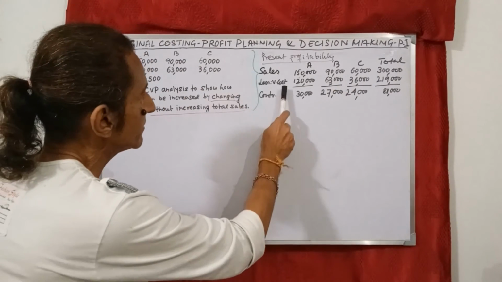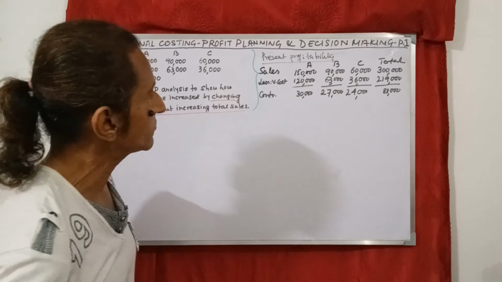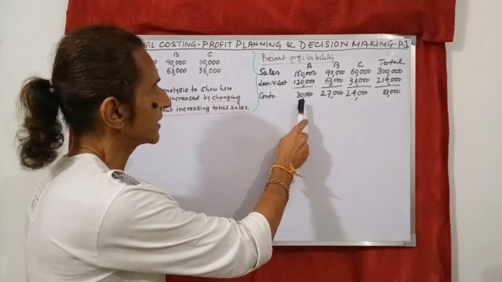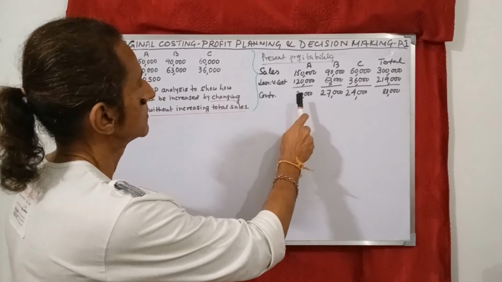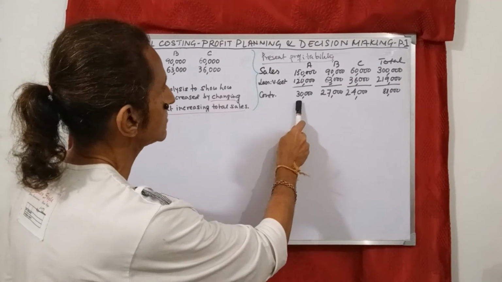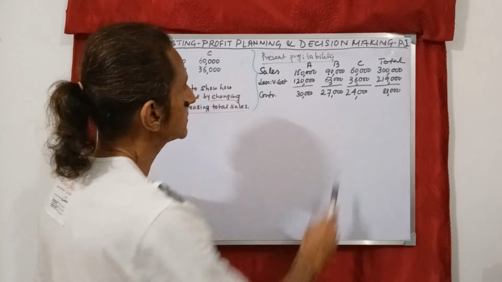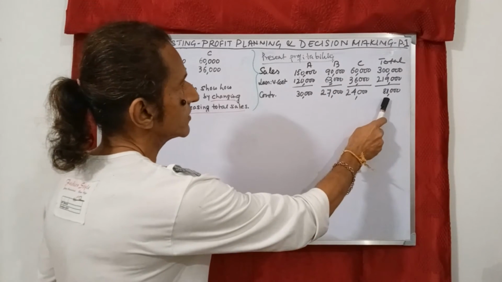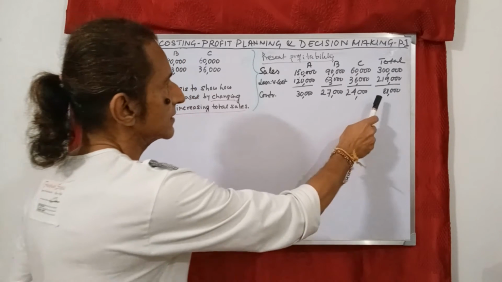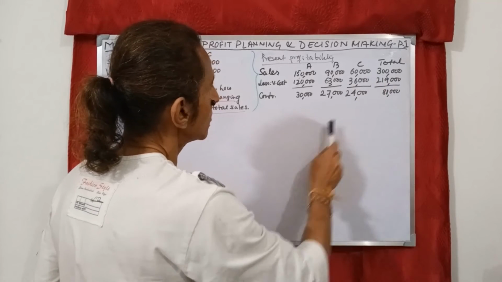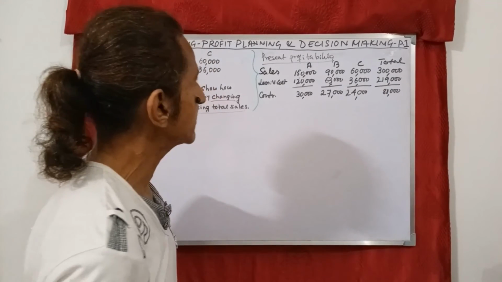We have deducted variable cost from sales, which is the basic formula of marginal costing, and we get contribution margin. For A it is 30,000, for B it is 27,000, and for C it is 24,000. So total contribution is 81,000. You can find it out either way, either deducting this from this or adding these three. You will get the same figure.